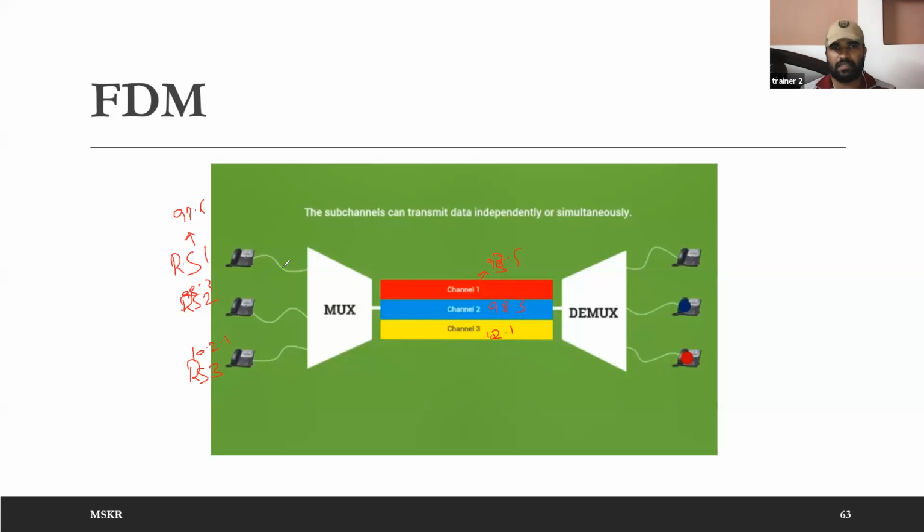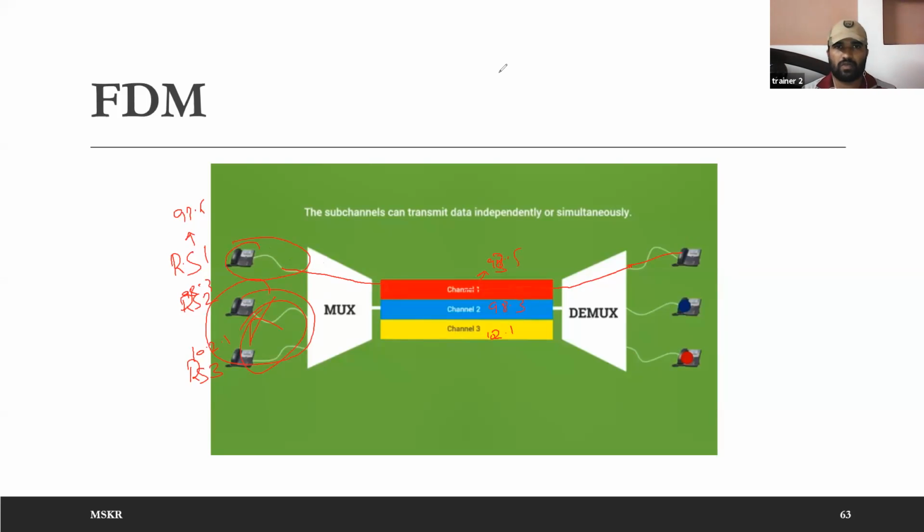Whenever they want to speak, the radio jockeys will speak. They will not be worrying about whether the other radio jockeys are speaking or not. This information will be delivered to whoever is tuned to this particular channel. If these three people tune to the same frequency, they will only hear this person's voice. They won't be hearing this person's voice. That's what FDM is capable of.